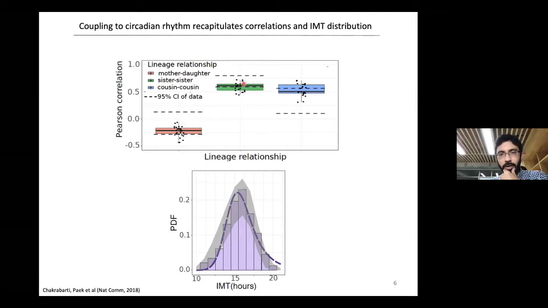These are the sister correlations, and these are the cousin correlations. The dashed lines are the 95% confidence intervals directly from the data. What you can see now is that almost quantitatively, we can recapitulate the fact that these cousin correlations are larger than the mother-daughter correlations. In fact, we're getting the quantitative values also within the 95% confidence intervals.